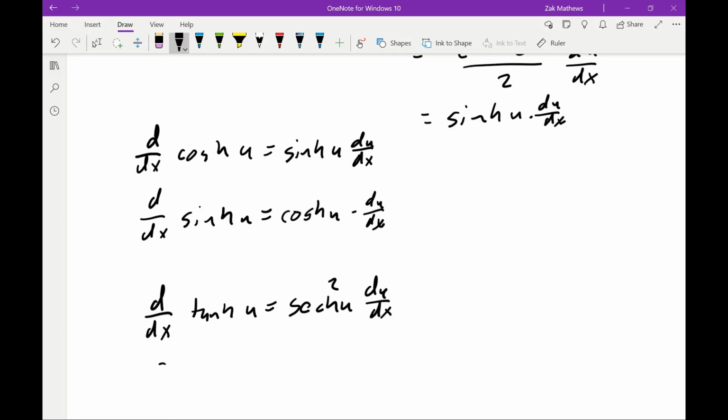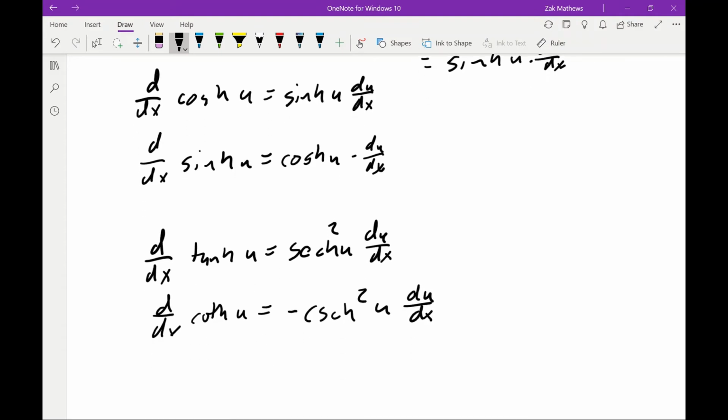If we look at the derivative of the coth function, that is equal to the negative cosech squared u, du dx. So it's exactly the same as the trig again. The derivative of the sech function is equal to negative sech tanh, du dx.